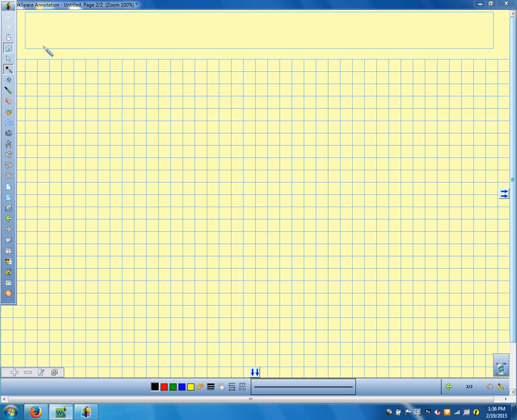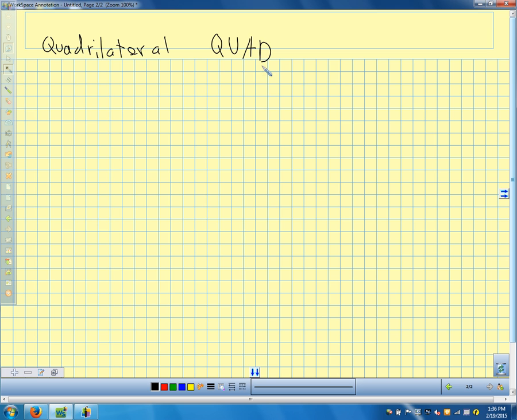All right. So let's say we have a quadrilateral, and we're going to call it QUAD. Then we'll use our graph table. The point Q is the point 1,4. The point U is the point 7,8.